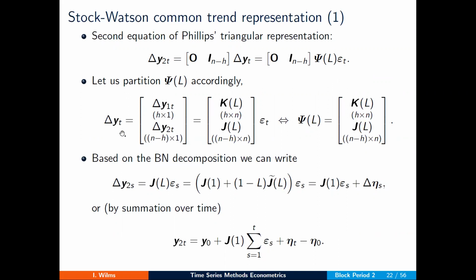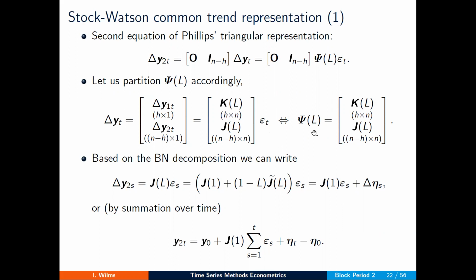So we have the series in differences partitioned into a subvector of dimension h and one of dimension n minus h. That is then equal to the partitioned lag polynomial applied to our error process.